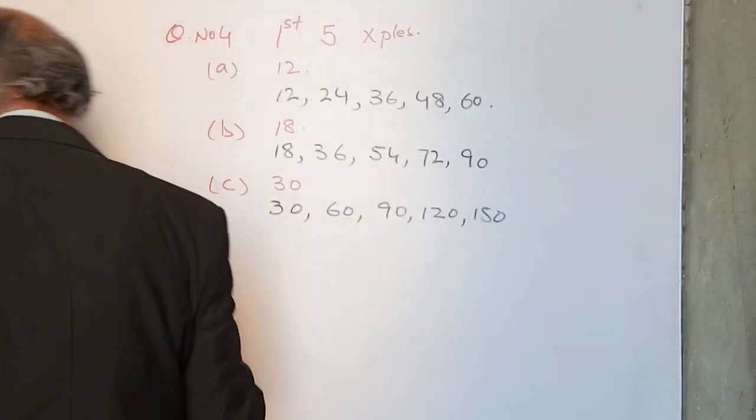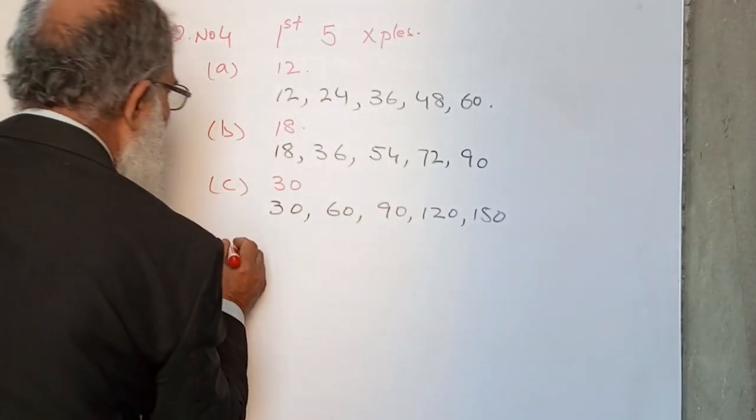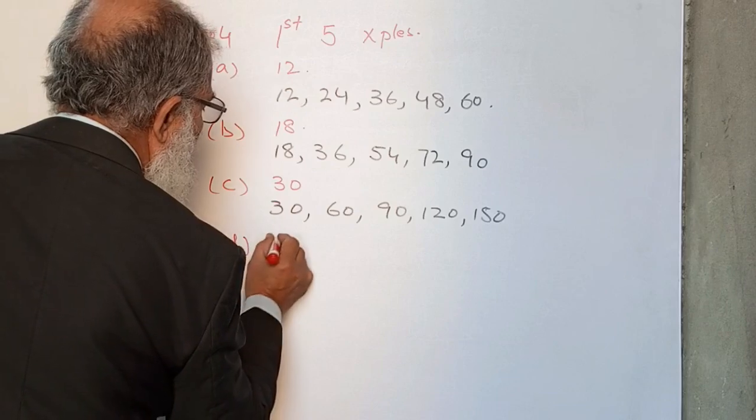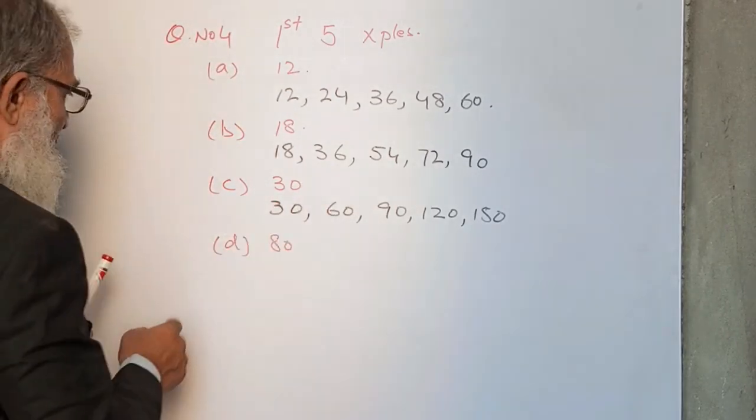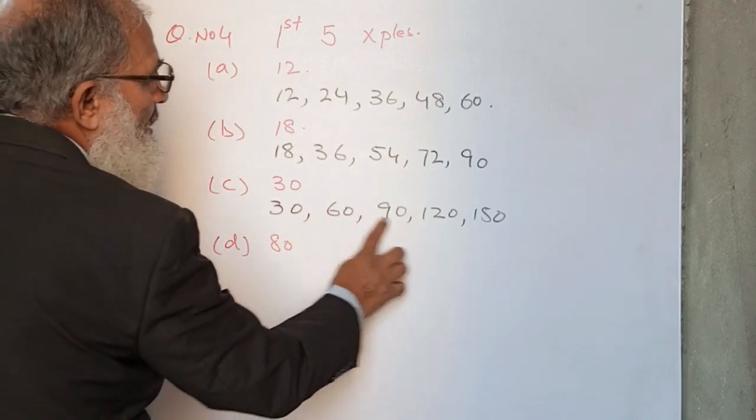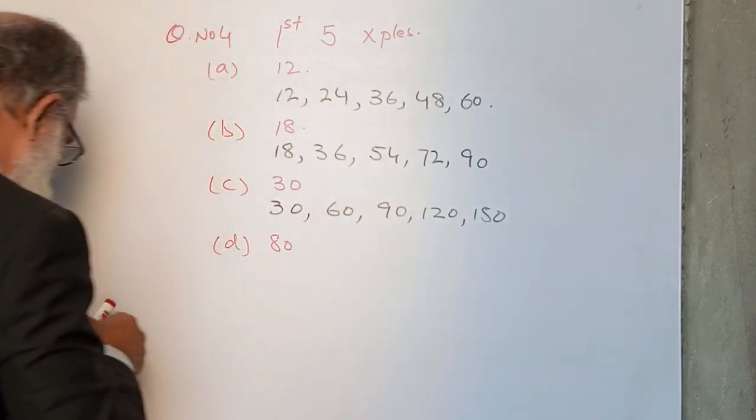And the last is 8. It is very simple. The numbers with 0 are very simple. You see 0 coming in each multiple.